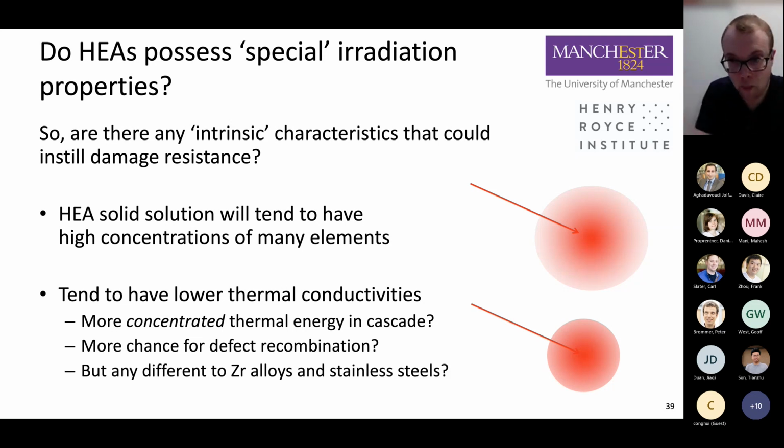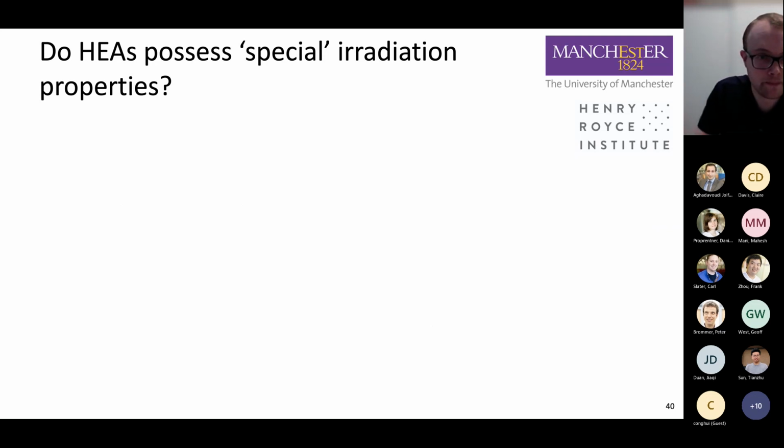So that could be one example. It's also worth noting that many stainless steels, of course, and zirconium alloys have low thermal conductivity, so it remains to be seen whether they are any different to those sets of alloys. But certainly, it's generally true that high-entropy alloys have worse thermal conductivities than their more conventional counterparts. So does this give you an advantage?